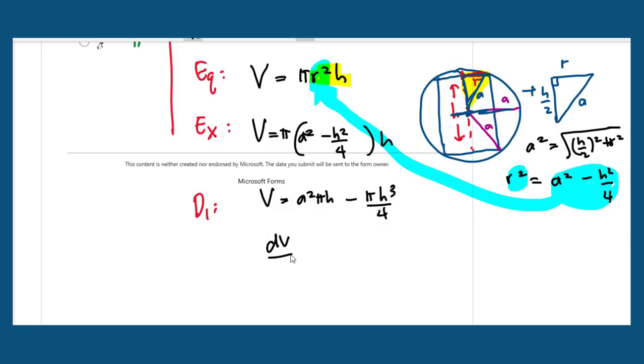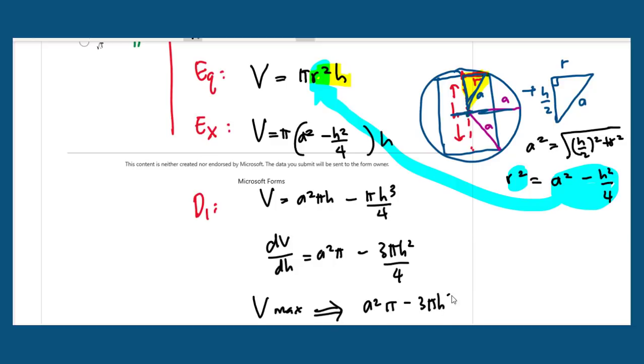And dv, differentiate with respect to h: a squared pi minus 3 pi h squared over 4. To find v maximum, this one is equal to 0. Why? Because for v maximum, dv dh is equal to 0.